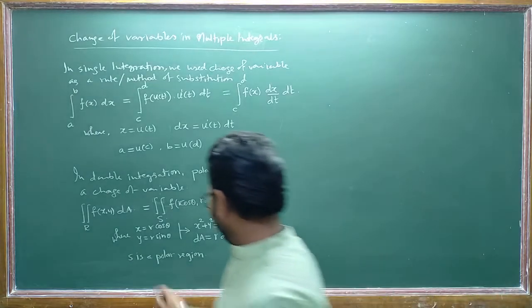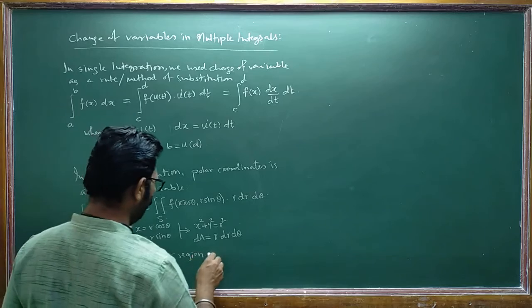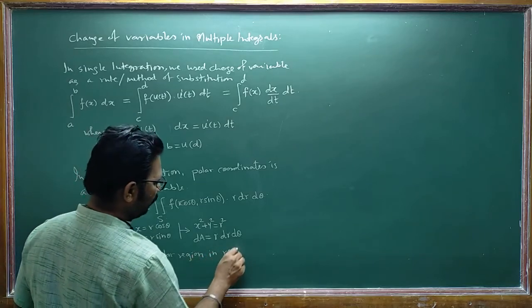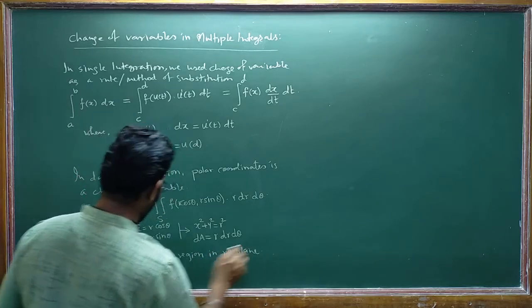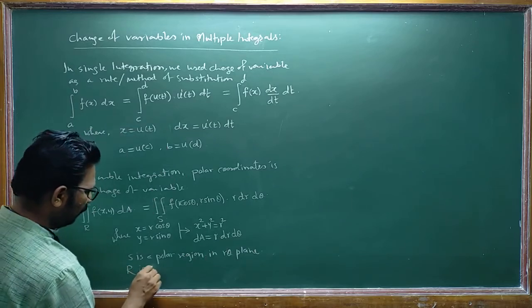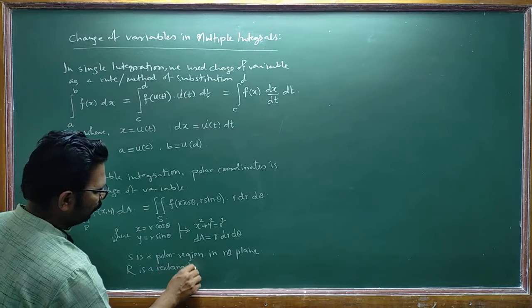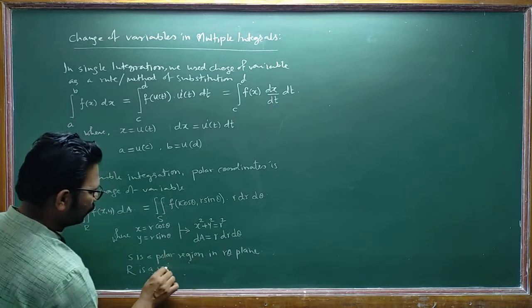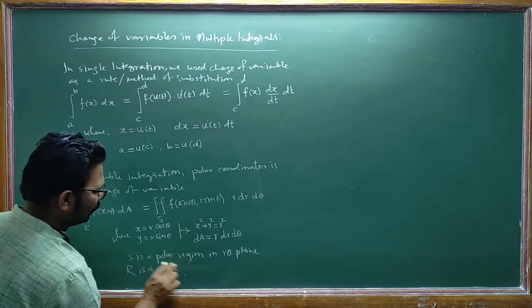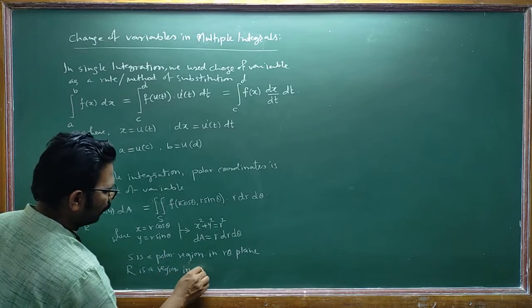So S is a polar region in r theta plane, and R is a plane region in xy plane.